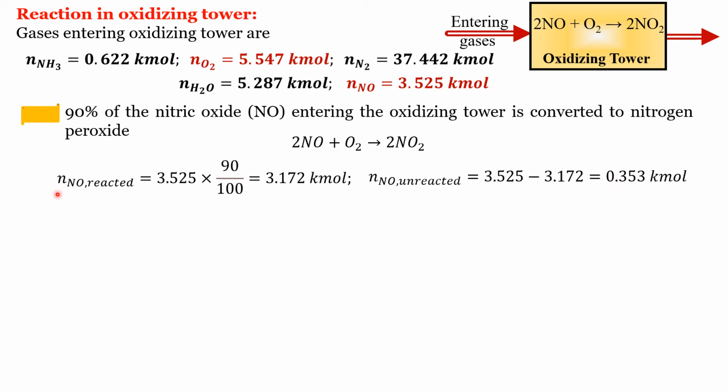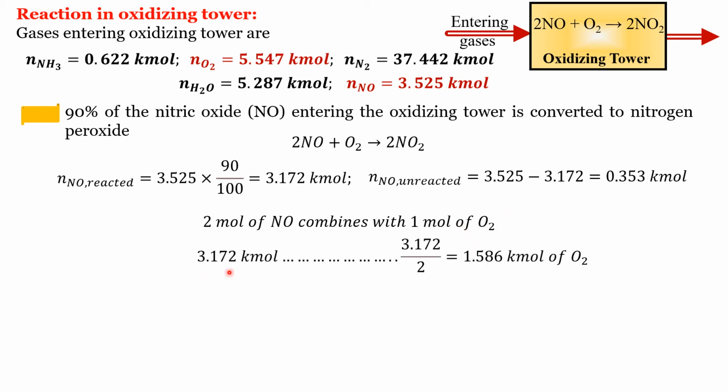Now corresponding to this reacted amount of NO, we can find out the reacted amount of oxygen. So from this equation we can write 2 moles of NO combines with 1 mole of O2, and 3.172 mole NO is getting reacted.